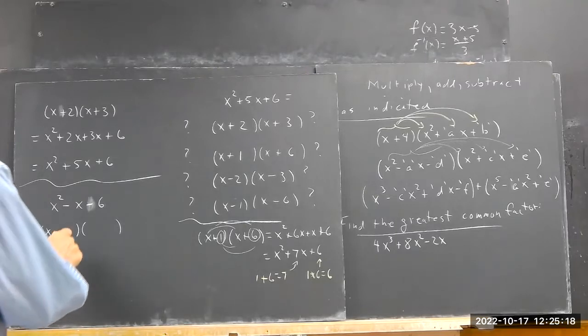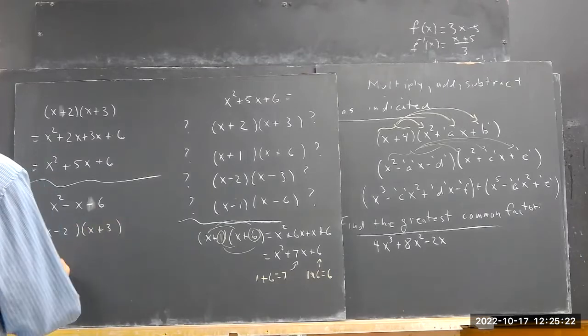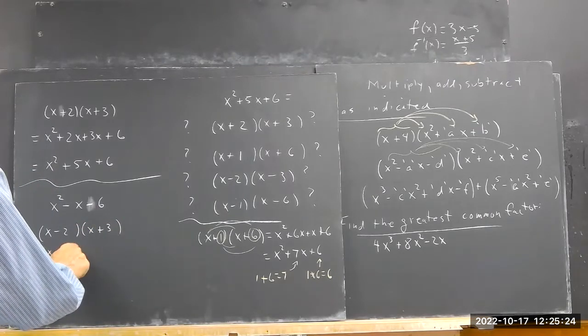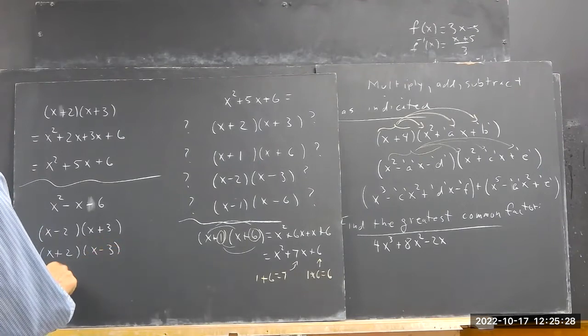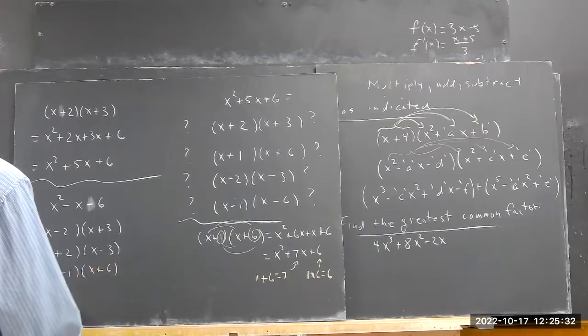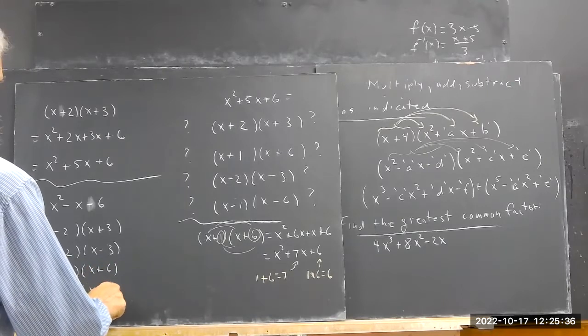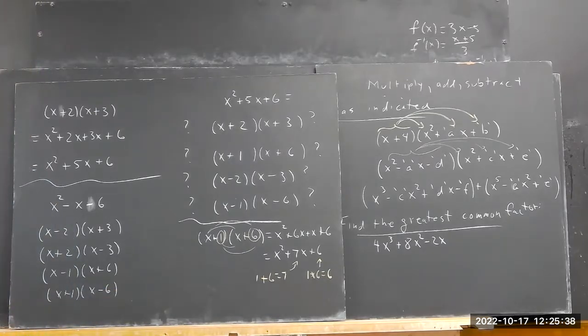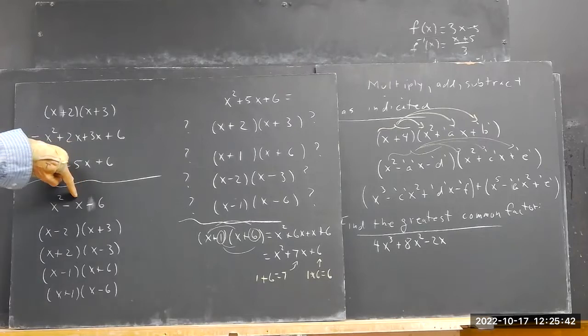So that could be x minus 2 and x plus 3, or x plus 2 times x minus 3, or x minus 1 times x plus 6, or x plus 1 times x minus 6. All these give us a -6 out here, right? But only one of them gives us a -x. Which one would that be?